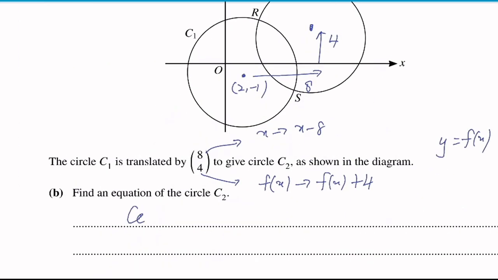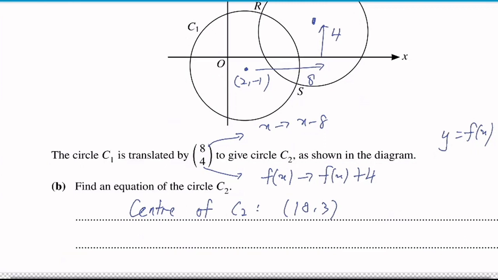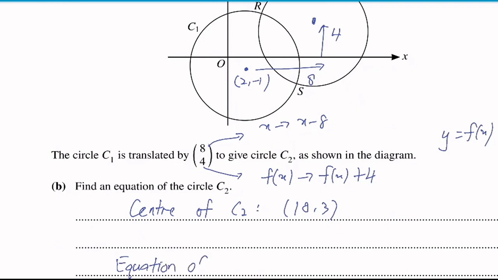So the center of C2 is now (10, 3): plus 8 to the x coordinate, plus 4 to the y coordinate. Then the equation will become x minus 10 squared plus y minus 3 squared is equal to 41, since the radius is unchanged.